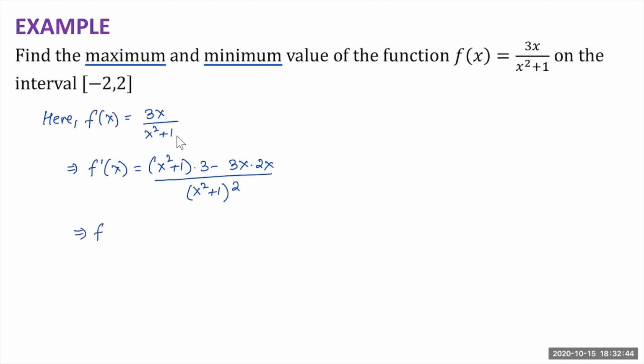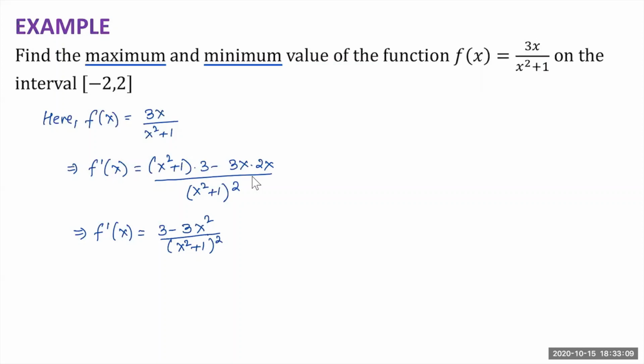After simplifying this expression, we get 3 minus 3x squared divided by x squared plus 1 quantity squared. So that is the first derivative of the function.